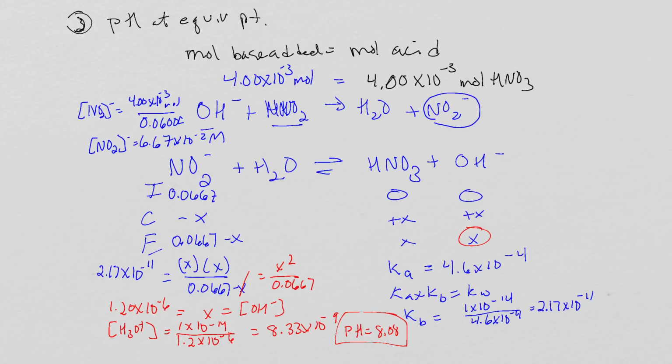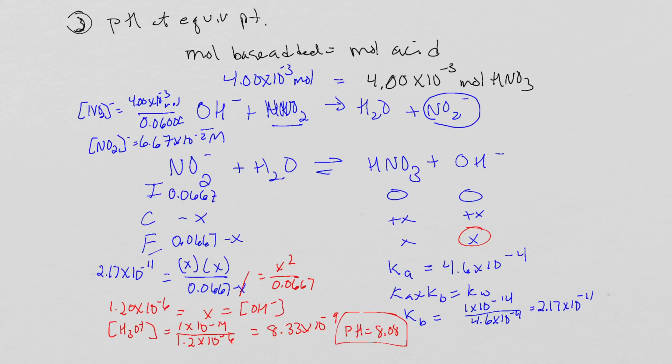All right, so this is the idea of different points during the titration. We can solve for the pH. Whether it's the initial pH, we can treat it like a weak acid ionization. If it's between the initial and the equivalence point, we can treat it as a buffer solution and do our two-part stoichiometry and then Henderson-Hasselbalch.